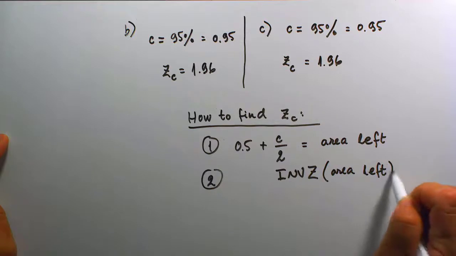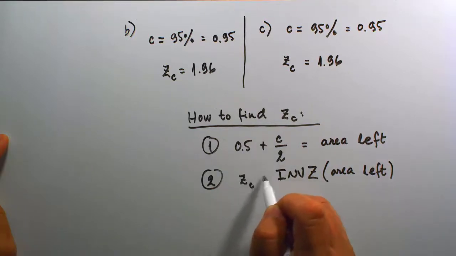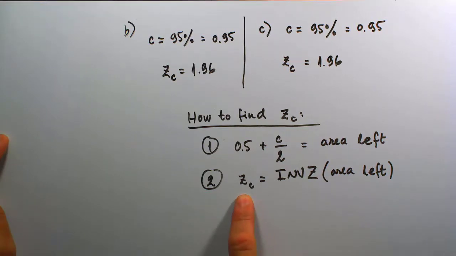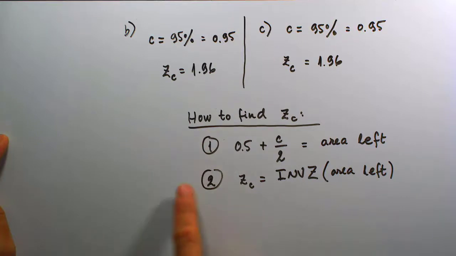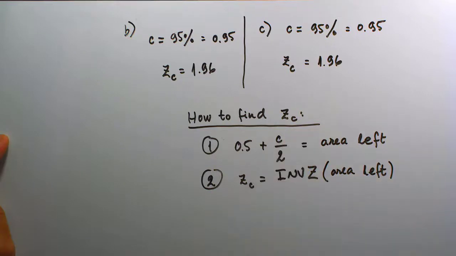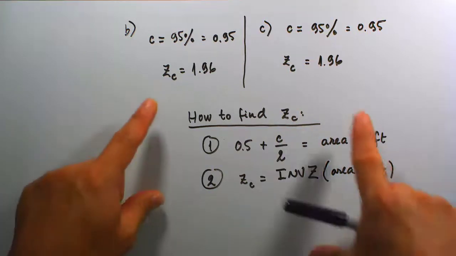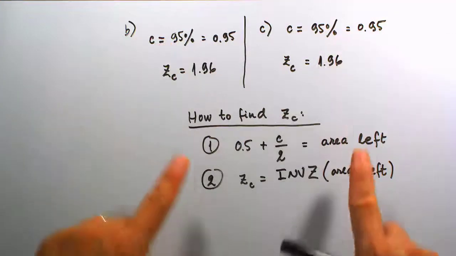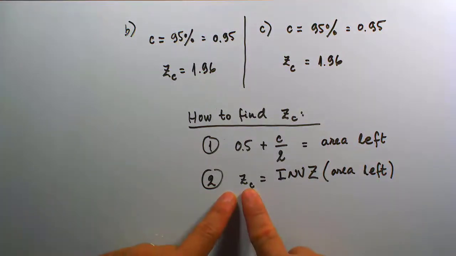Once we finish running step 2, we come out with our z sub c. So the entire picture showing the steps here indicates that finding the z sub c value is only dependent on your c value, your confidence level value. So it makes perfect sense that as long as you stay at the same confidence level, this z sub c will come out exactly the same.